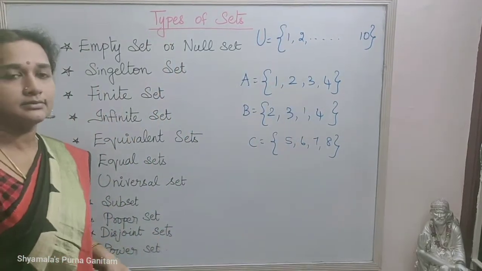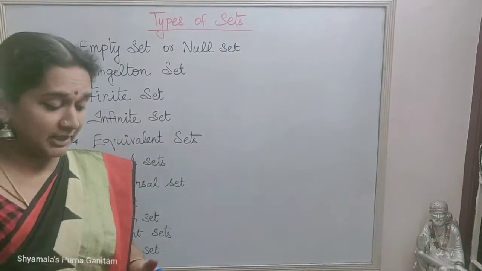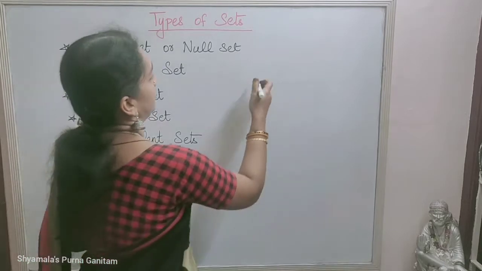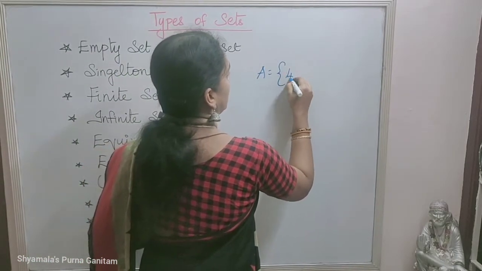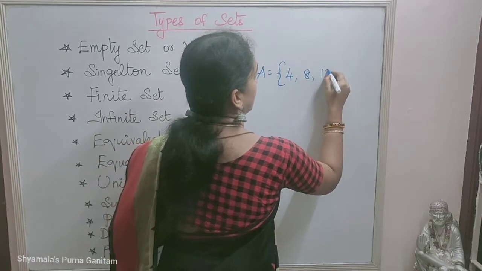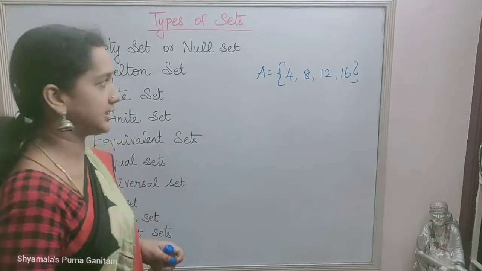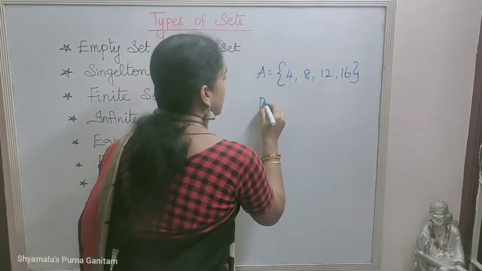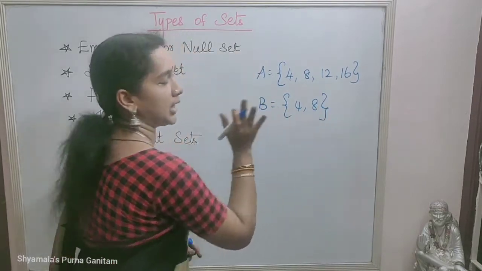Then subset. So the next one is subset. Subset means, for example, if you take A as 4, 8, 12, 16. So these are the 4 elements in this set. Then B is equal to 4 and 8. These are the 2 elements we have in this.